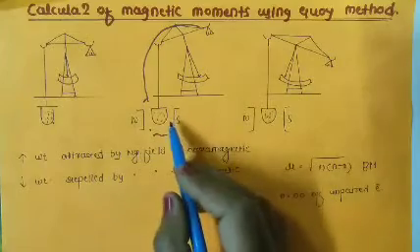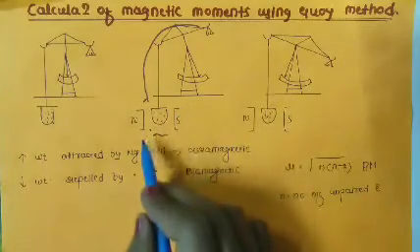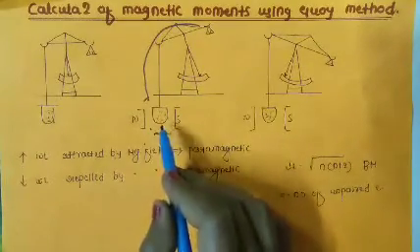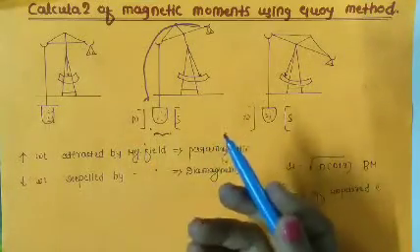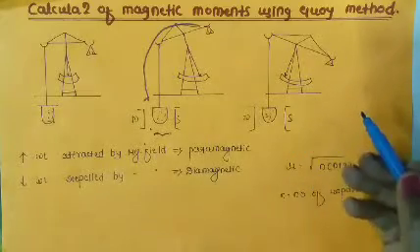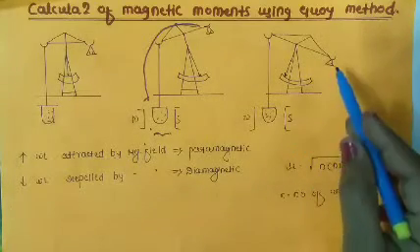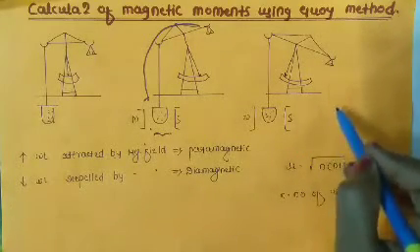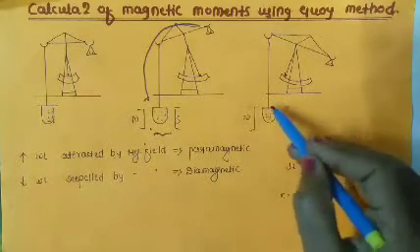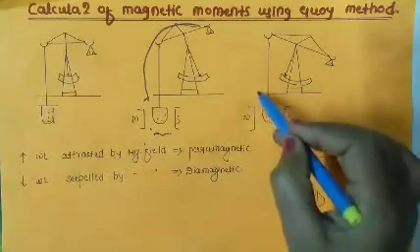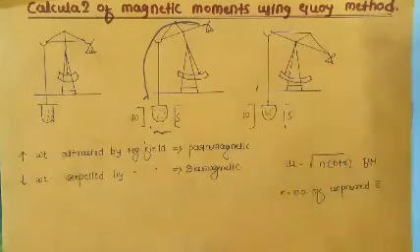The larger the number of unpaired electrons in a substance, the greater is the increase in its weight in the magnetic field. And if the substance shows a decrease in weight, it implies that the substance is repelled by the magnetic field, and hence it shows diamagnetic.